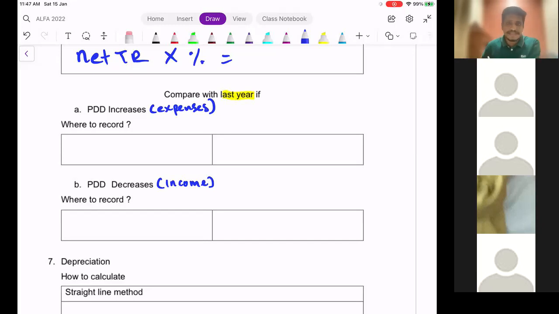If a not good thing decreases, it means it's a good one. So it's income. PDD decrease means your economy becomes better. Everybody is in a good situation so they can pay us the debt. So it's good news. But PDD increase means the economy is going bad, everybody is going to go bankrupt, something is not good. Less PDD is better.